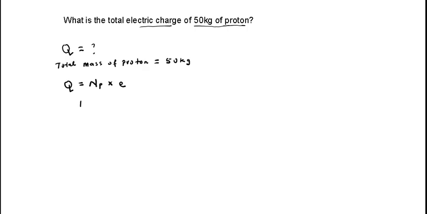Then we say, the number of proton is equal to the total mass of proton divided by the mass of proton.